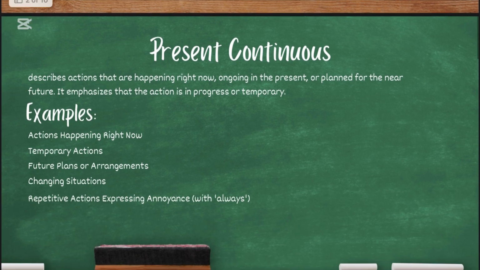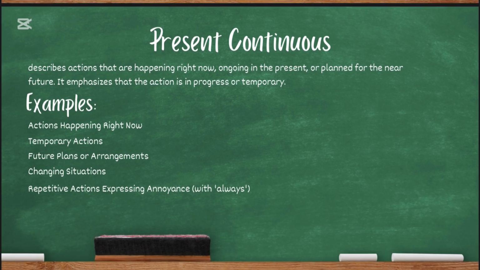Okay, so the present continuous is also called the present progressive. Every time you see a continuous tense, it could also be called progressive tense. It describes actions that are happening right now, ongoing in the present, or planned for the near future.